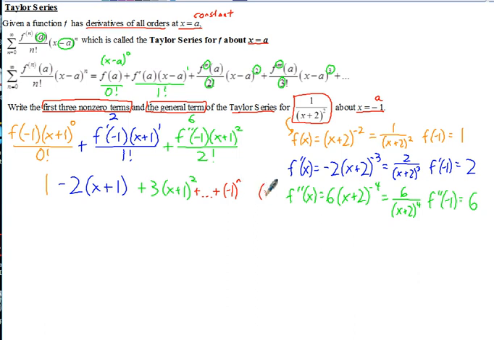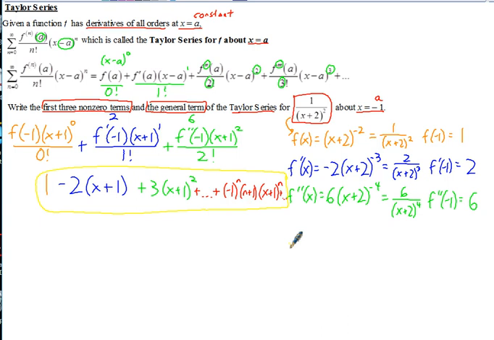So right here, we'd have x plus 1 to the n, right? When 0, you don't see it. 1, you have 1. 2, you have 2. But since this number is 1 larger than that exponent, you could write n plus 1. And then dot, dot, dot. So there would be our first 3 non-zero terms and the general term for that Taylor series.